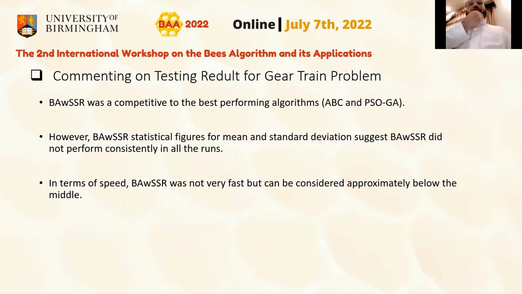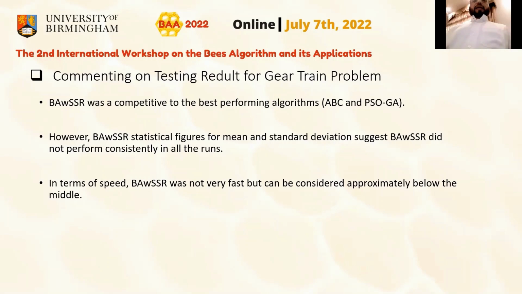Just to comment on the testing result, the proposed algorithm was competitive with the best performing algorithms, but it wasn't very stable in this problem. It didn't give a good result in all the runs.